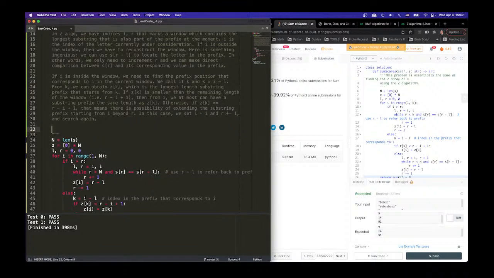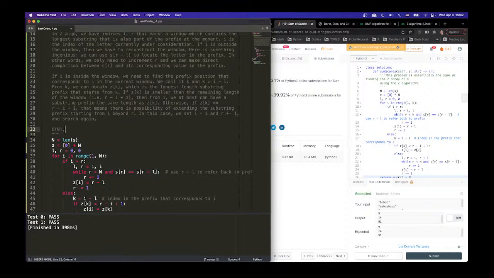It's O(n) because the initial search is O(n), and then we come back here and do another search. But each time we do the search, it always goes beyond.